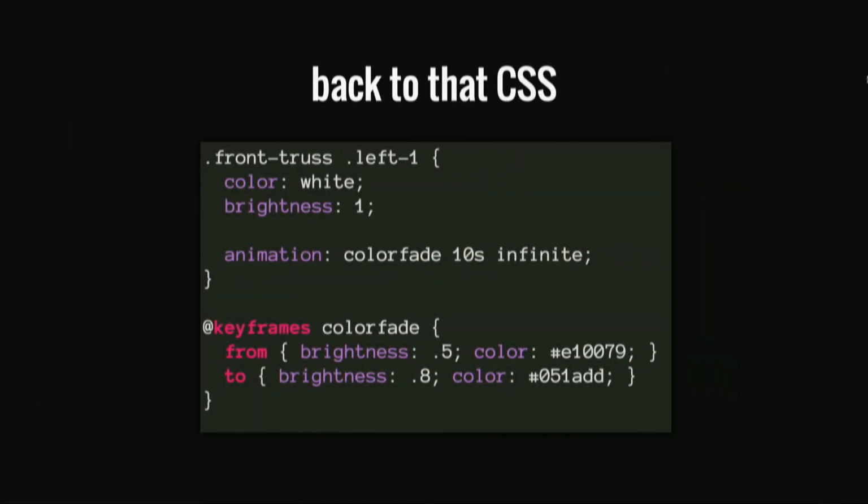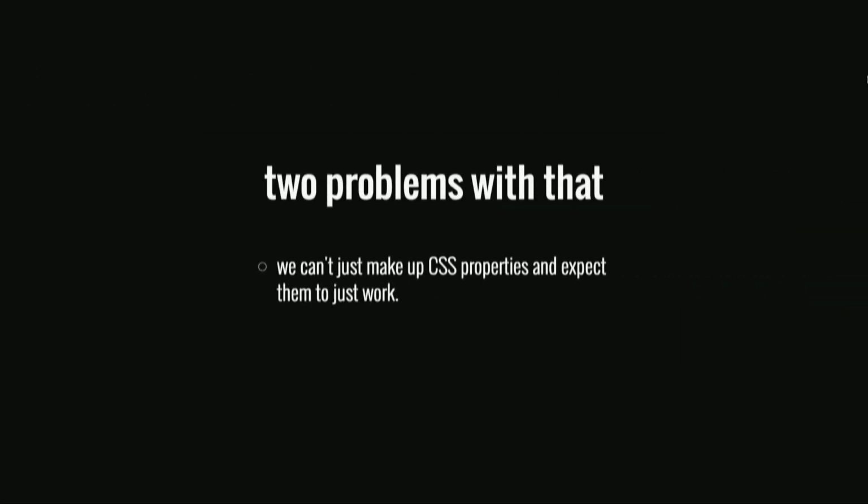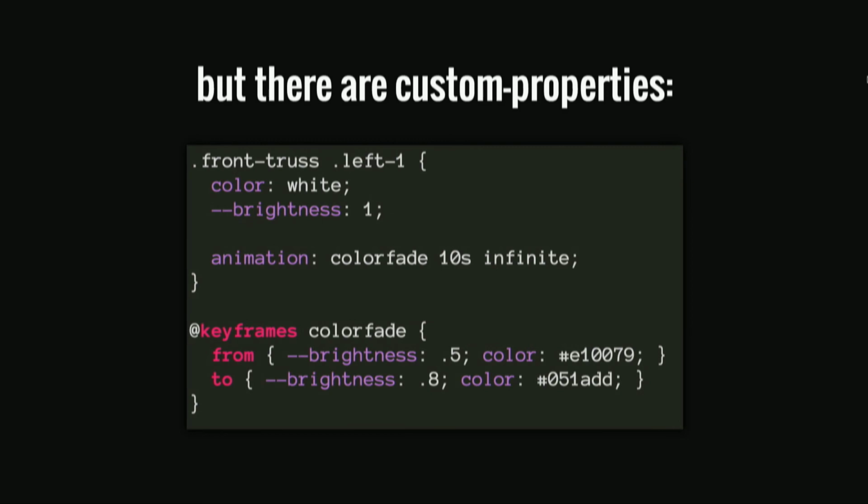So let's have another look at this CSS. Maybe some of you wondered why that doesn't really work, and no, it doesn't. The thing is, you can't just make up CSS properties. Other than the HTML parser, the CSS parser will just say, I don't know it, and it doesn't show up in the computed style. So what we can do to fix this is add 2 dashes to the front.